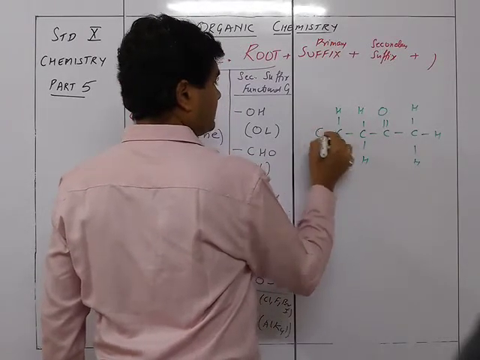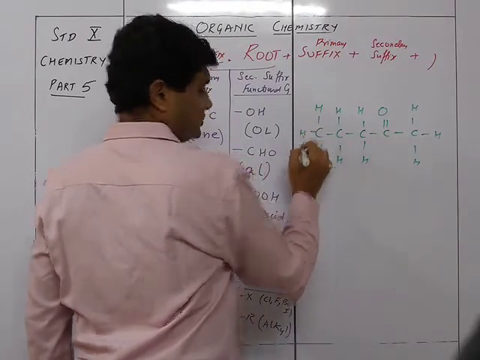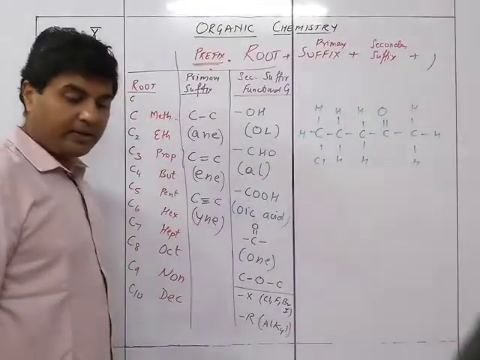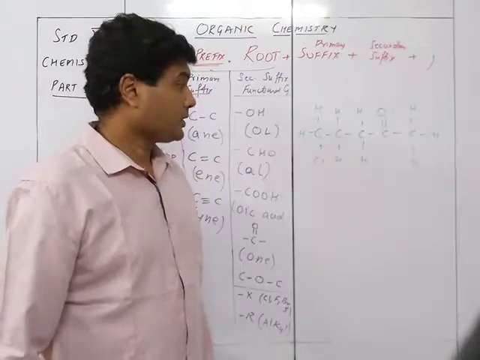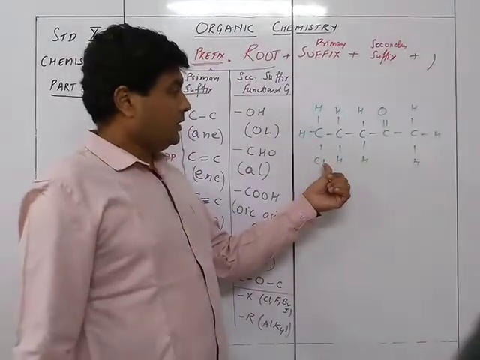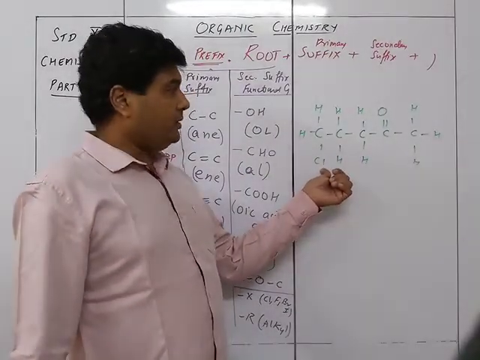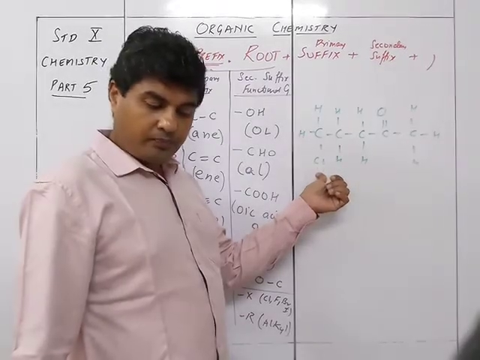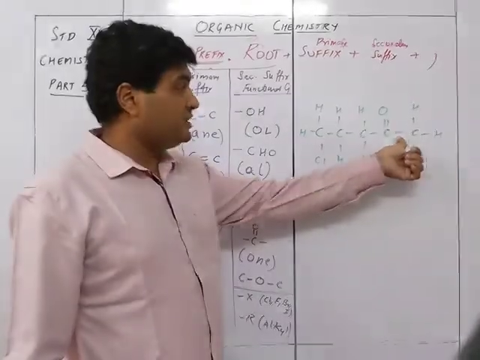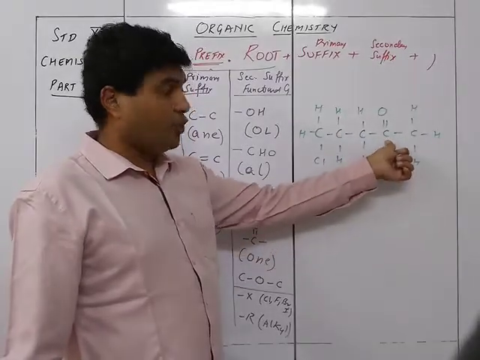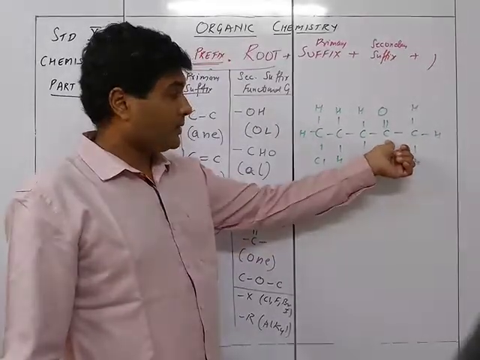Here Cl, and here H, and here H. Okay. Now comes the very, very important part. Chlorine is on 1, but the ketone is on the 4th from here, if you consider.